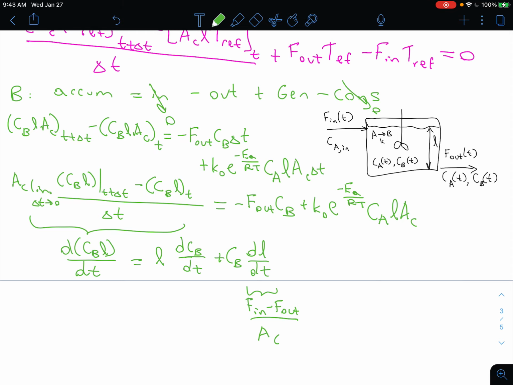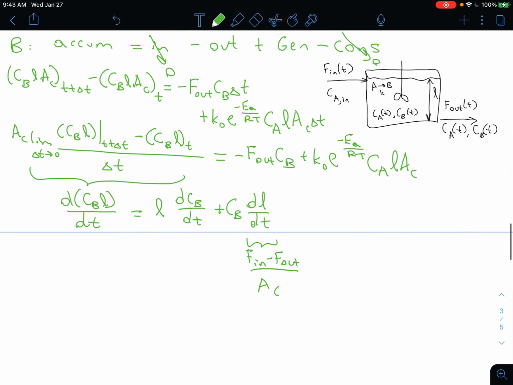And so you can cancel some terms like we did with CA, and what you're going to get is L dCB/dt equals minus F in over A_c times CB minus... how did I get a minus there? No, I don't think there's a minus. I think that's a plus.